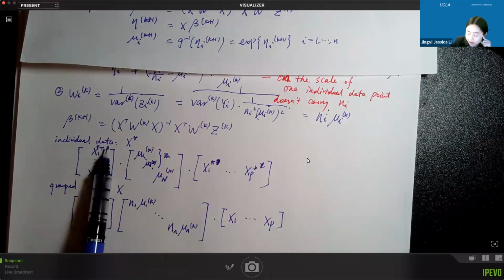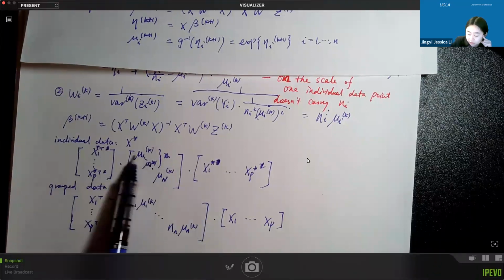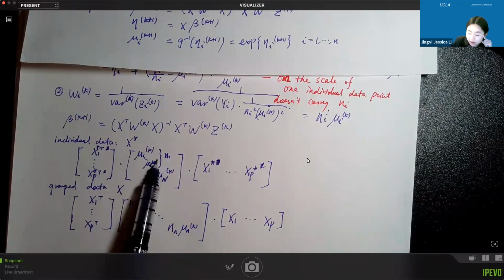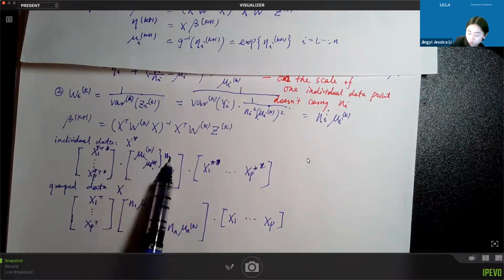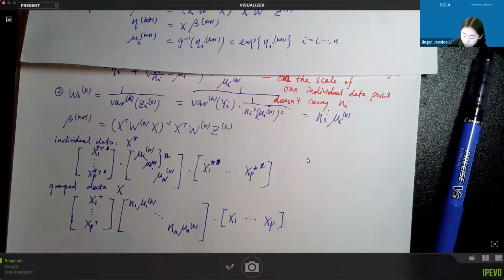But I know that among the squares, a lot of them are repetitive, so they are going to be multiplied with the same mu1k for ni times. So I have n1 such terms. And now in the group data, I'm just combining them into n1. So in other words, these two products will be exactly the same, equal to each other. So this is the first thing you need to see.